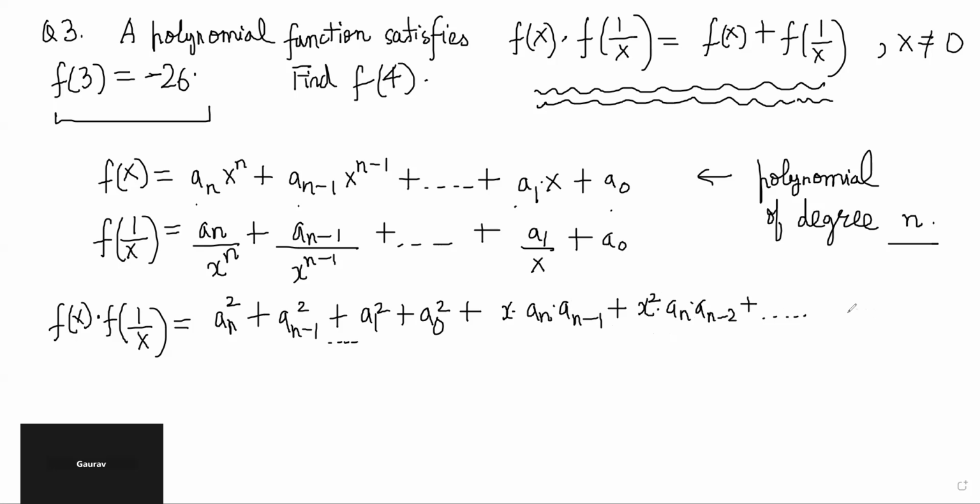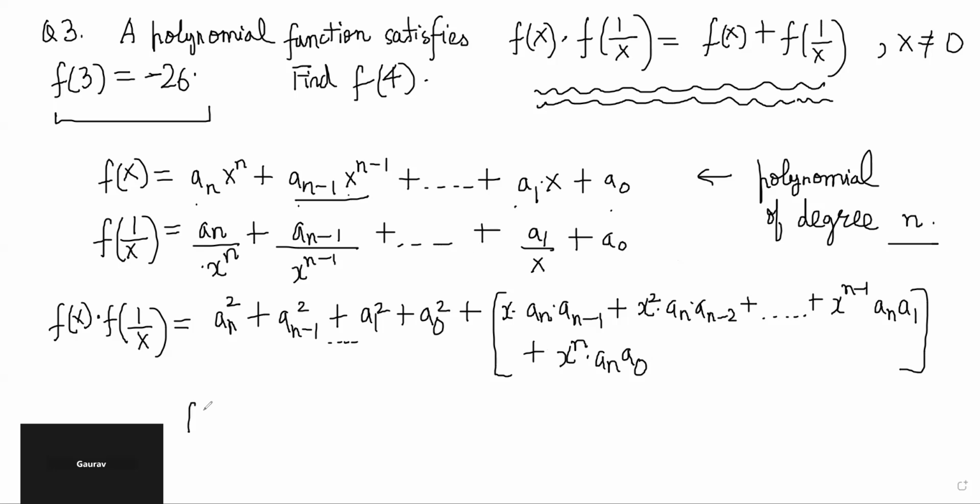And basically there will even be a term x power n minus 1, an into a1, and x power n an into a0, right? And similarly, I have to do all the terms like this into this. Now see, there are terms of 1 by x power and so on also.